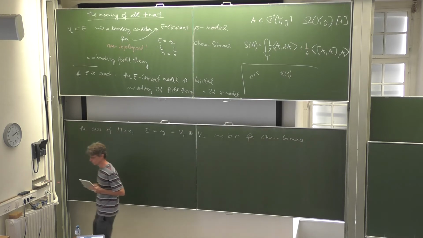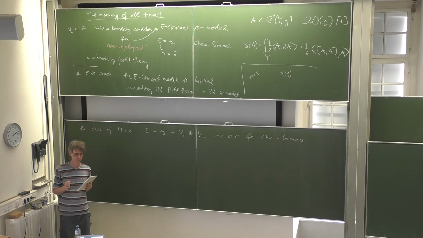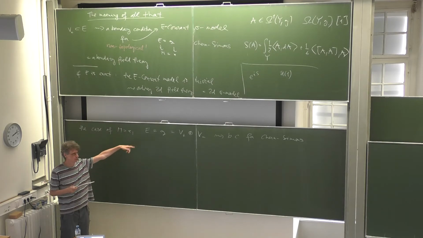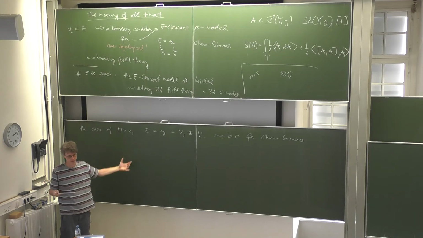Now when it comes to boundary conditions for Chern-Simons, there is the first one and the most important one probably that comes to mind, which is the chiral boundary condition. This is not the one that we're going to use here, but it's basically the same thing.